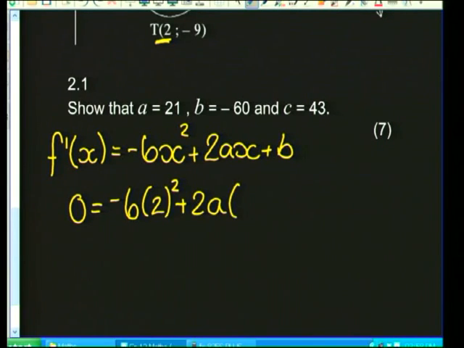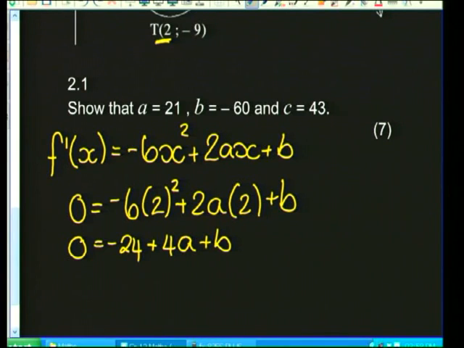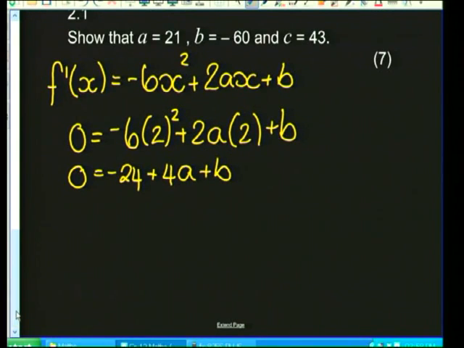So 2a times 2 plus b, and let's simplify that out. So I'm going to land up with negative 6 times 4, which is negative 24. I'm going to get 4a plus b, and let's just get b on its own, which means I'm going to have positive 24 minus 4a is equal to b.